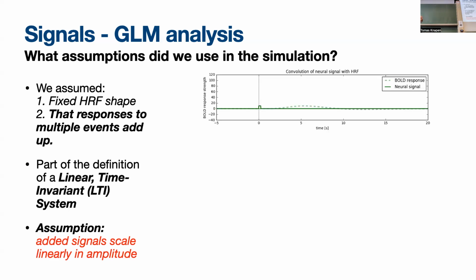So the first way that we can add them up is by saying, if a single infinitesimally brief event happens at time 0, we get this BOLD response. So it's some BOLD response, slow. And you see that it's not that strong.